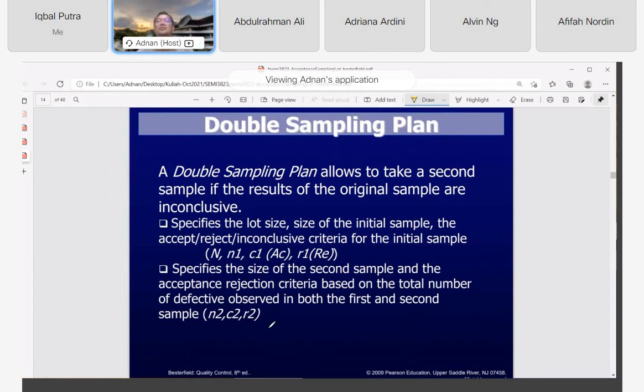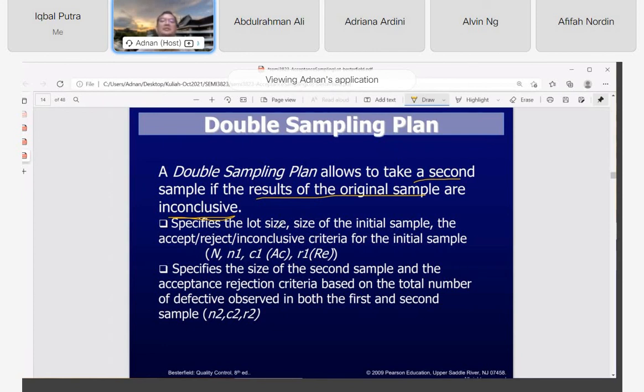Double sampling allows a second sample if the result of the original sample is inconclusive. So we take a second chance.